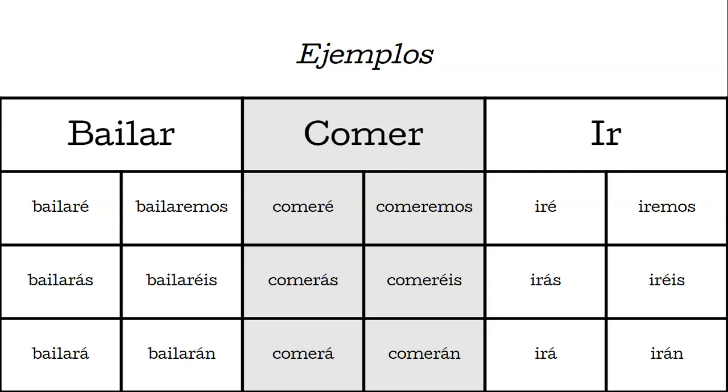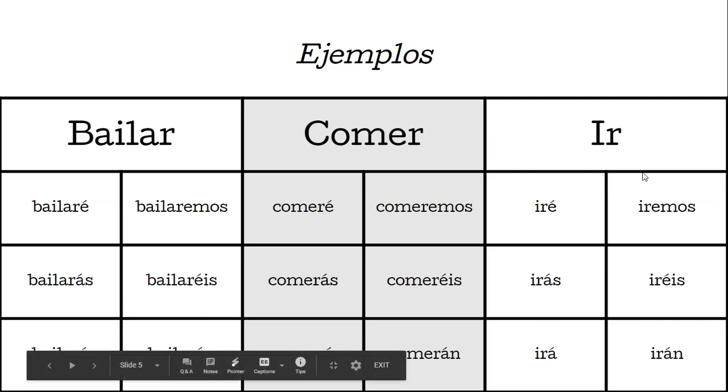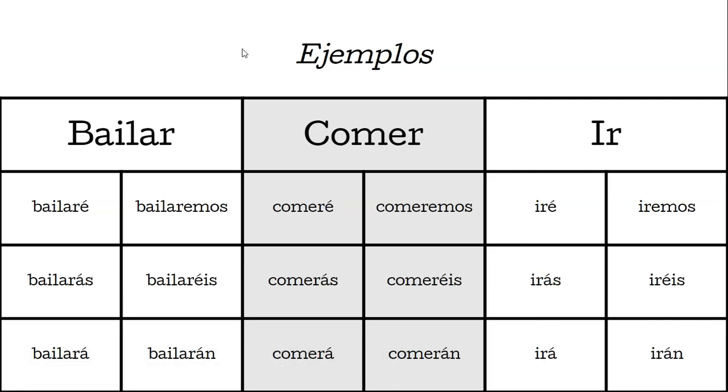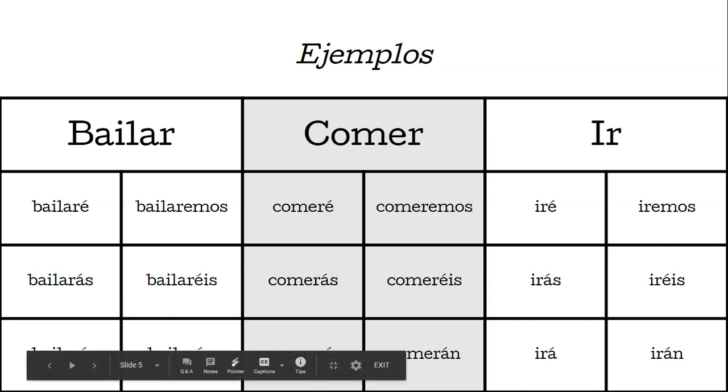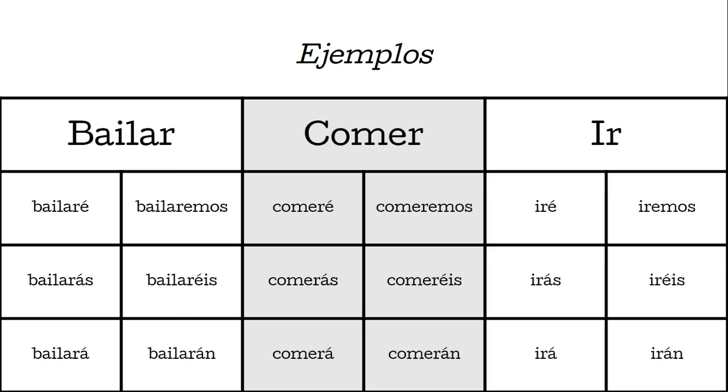Comeré, comerás, comerá, comeremos, comeréis, and comerán. Notice bailar's endings are exactly the same as comer's endings. And iré, irás, irá, iremos, iréis, and irán. Just exactly the same as bailar and comer. That's essentially the future tense.